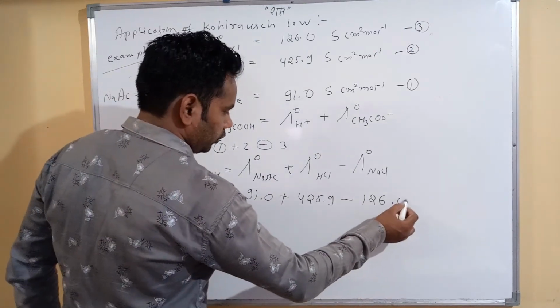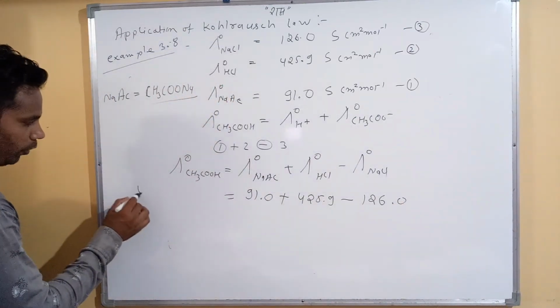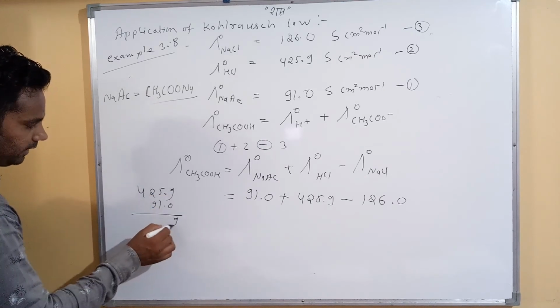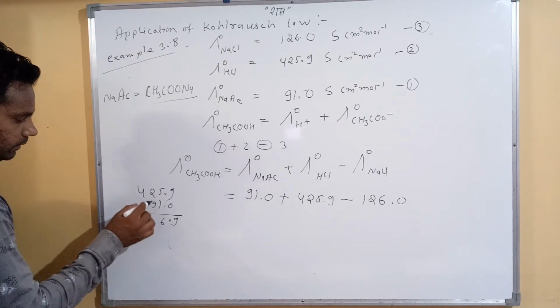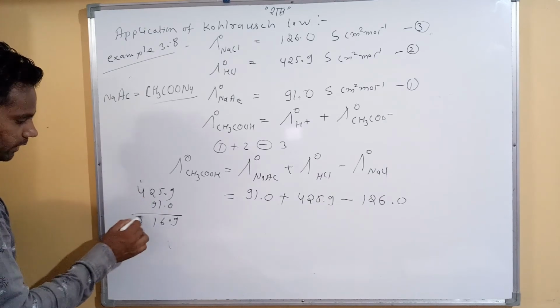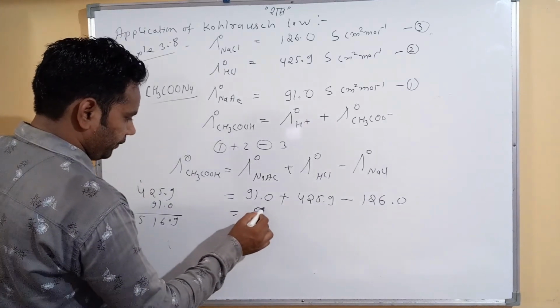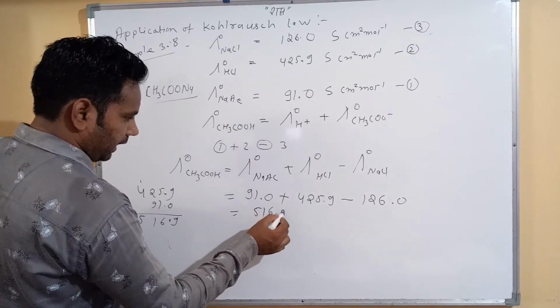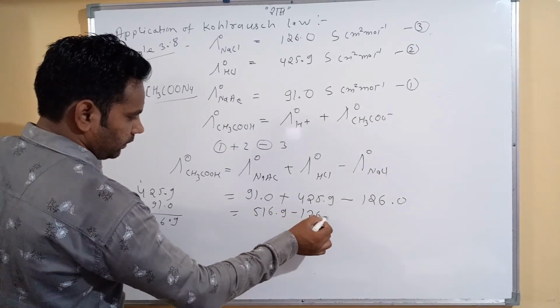First we add 425.9 and 91.0: 516.9. Then minus 126.0.